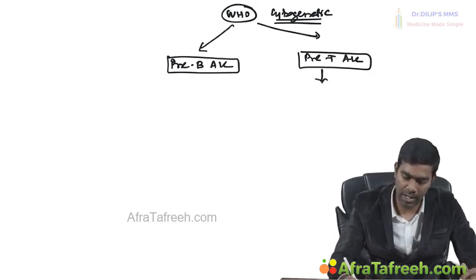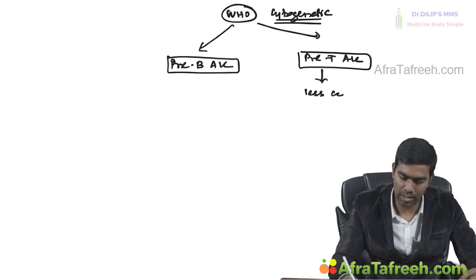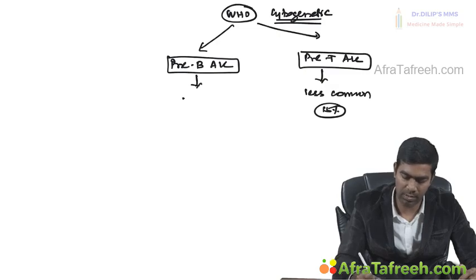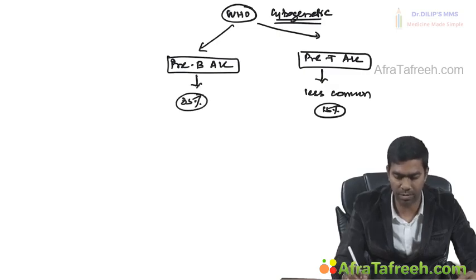Remember, pre-T-ALL is extremely less common, only 15%, whereas pre-B-ALL is the most common, 85%.